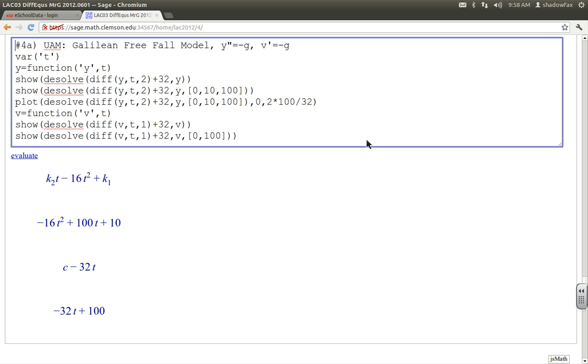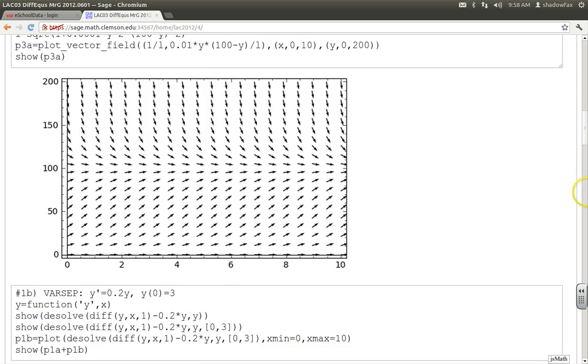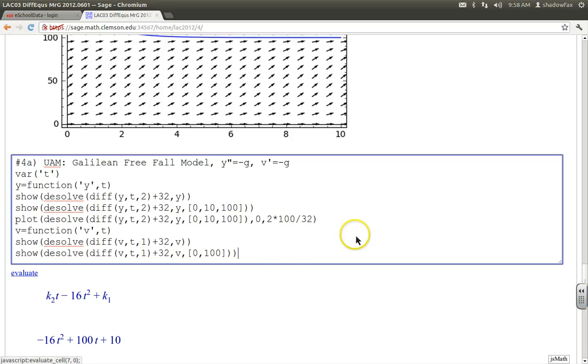Let's see, I want to graph that. I want to do 2 graphs there. All right, don't forget to save and quit at the top, so you have it tomorrow. Let's see, what if I want to plot that? I'm going to call this P1, and I'm going to plot this thing.